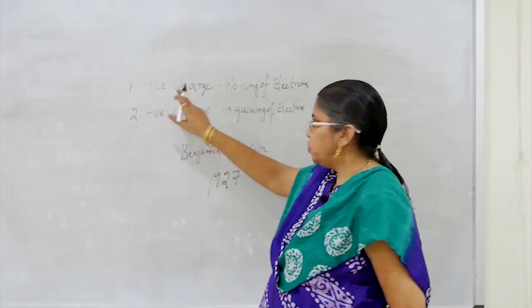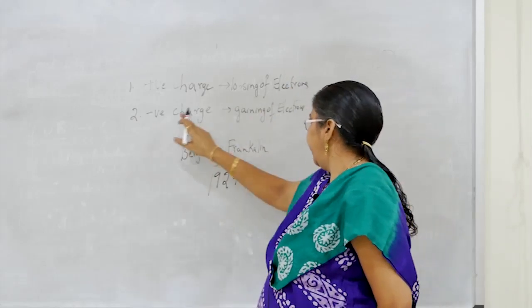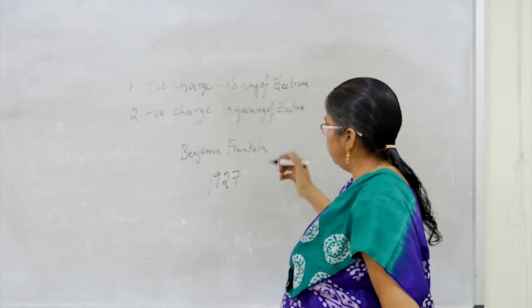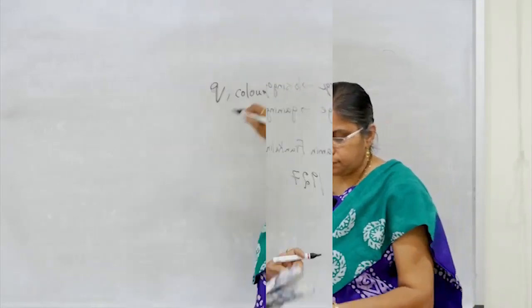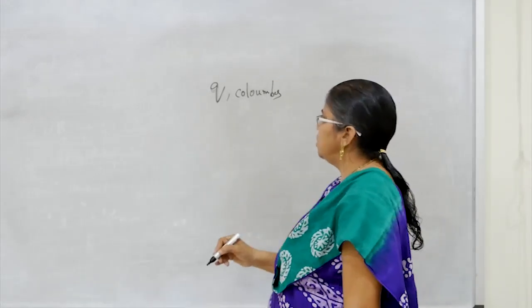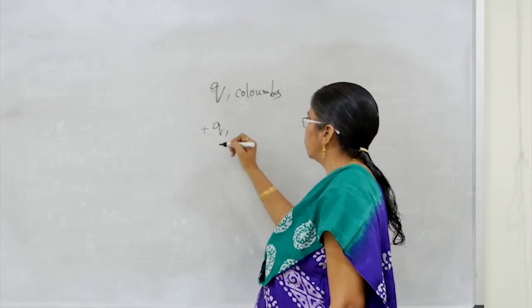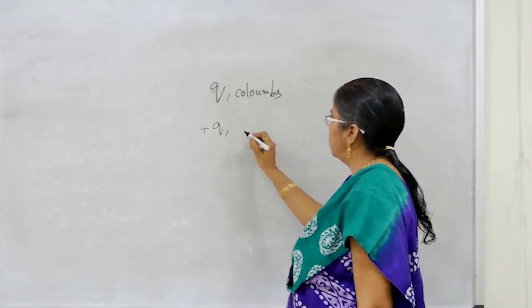One is positive charge, which is obtained by losing of electrons, and one is negative charge, which is obtained by gaining of electrons. The unit is coulombs. Positive charge is given by plus Q and negative charge is given by minus Q.